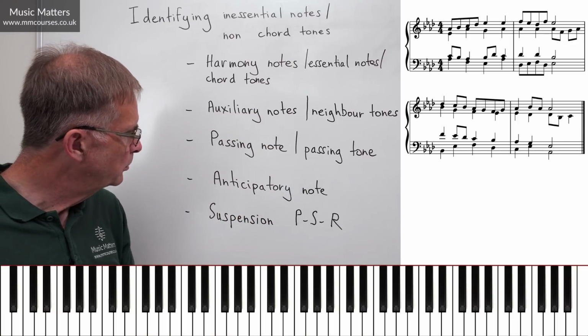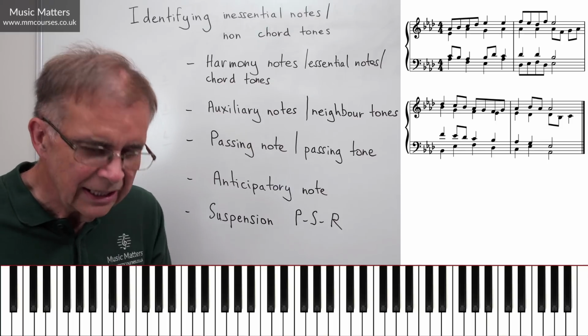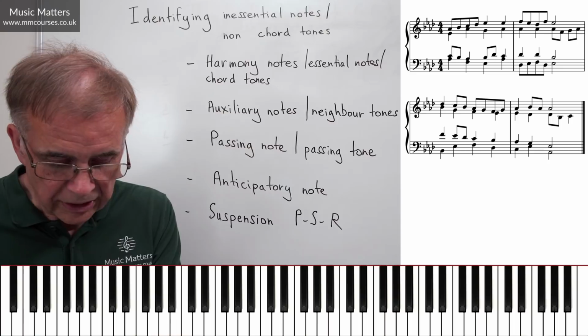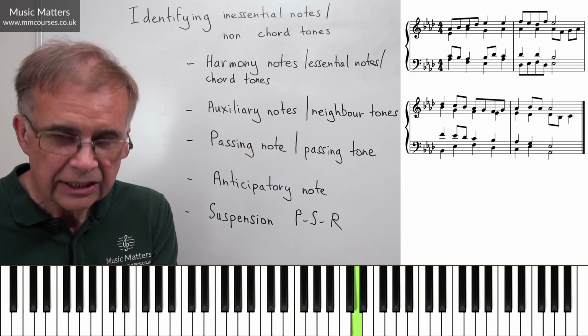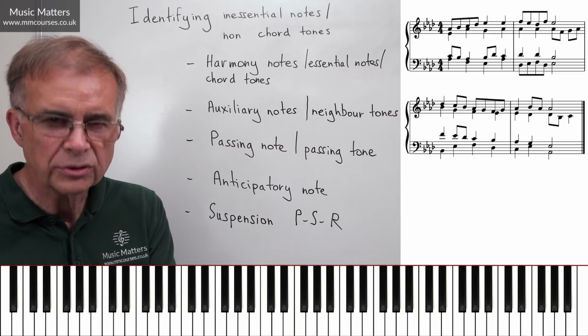There's another possible option here called the anticipatory note. Say I'm using two chords, chord 5, followed by chord 1, and I have a melody that goes D, C, but I want to anticipate that final C in the melody.